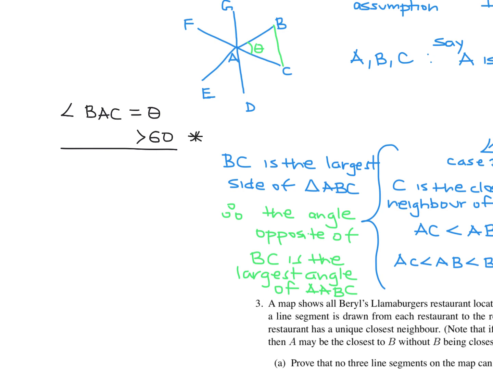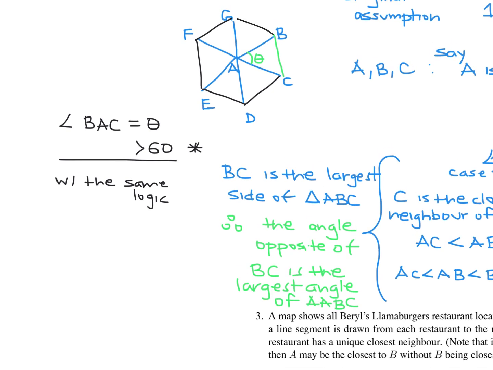And now, in a very similar way with the same logic, you can go through all the other triangles. This triangle, which is ACD, that triangle, AED, that triangle, and that triangle. And when you do that, you'll be able to prove the same thing, that those internal angles, this one, this one, this one, this one, and this one, are all greater than 60 degrees, just like I did there.